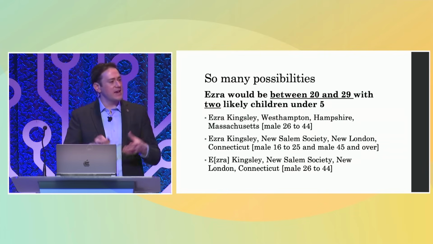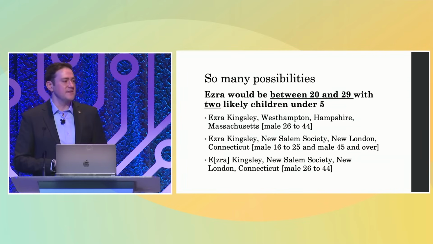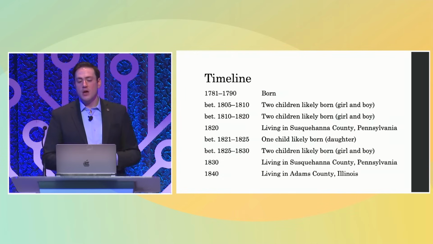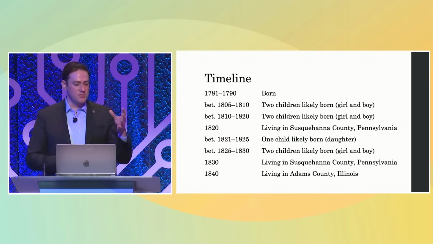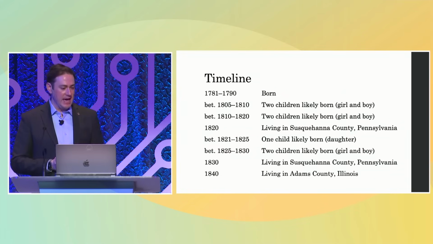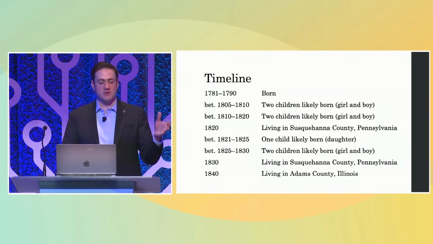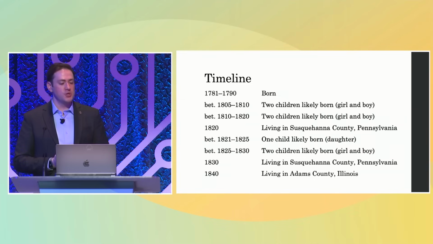But I'm going to see what I can find out about these 3 potential Ezra Kingsleys to see if any of them might match up with details about my ancestor Ezra Kingsley. So first, I start with his timeline. He's born between 1781 and 1790. He had 2 children, likely born between 1805 and 1810, a girl and a boy. He had another 2 children born between 1810 and 1820.